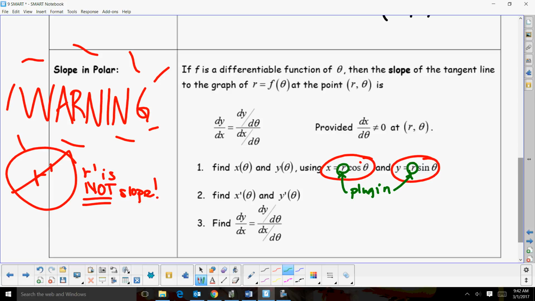The rest of this is just parametric. So you find your x prime and y prime and do your dy over dx. This part right here is the biggie. You have to get your set of parametric equations first. So when we are talking about slope in polar, is it r prime? No. No! Even though it seems so nice and easy.